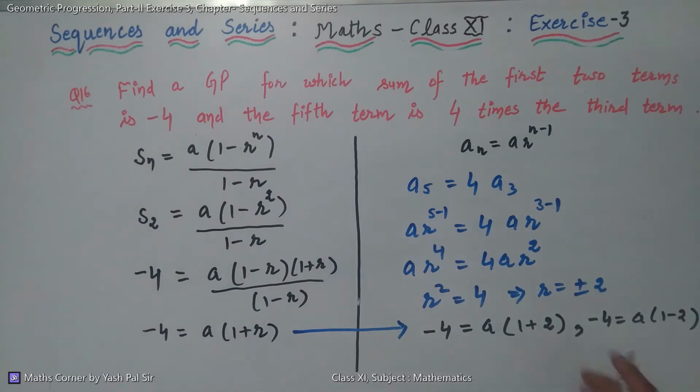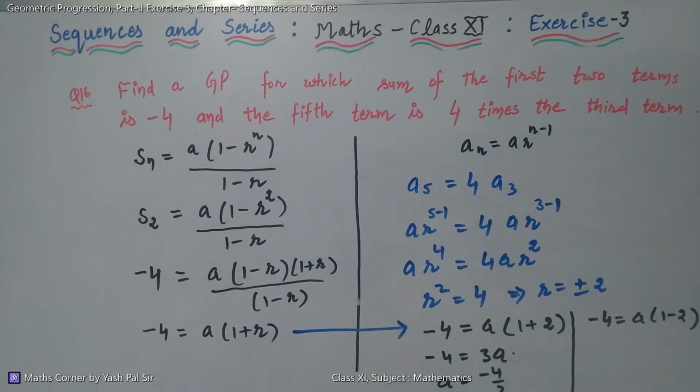Right? Solving these two, we have -4 is equal to a into 3, so we have 3a. That means the value of a is -4 upon 3.